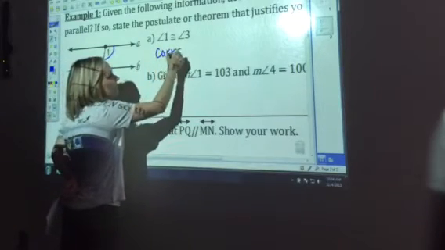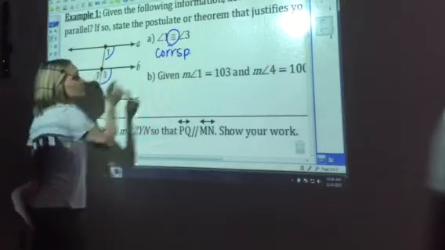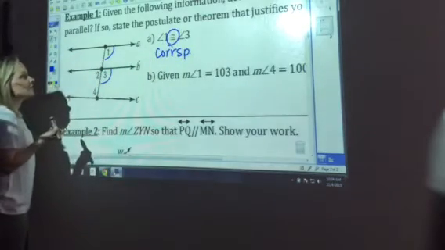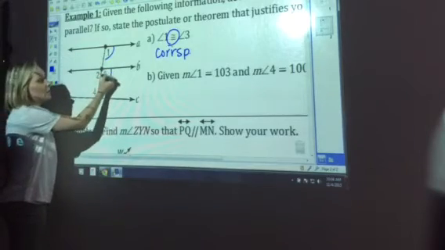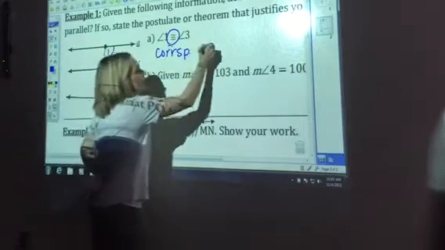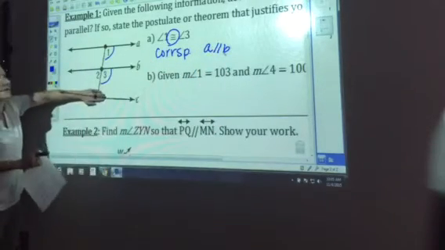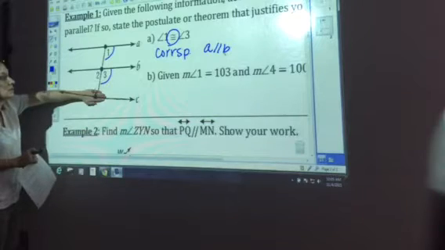They're in the same spot, okay? And since they are corresponding, and they're telling you they're congruent, then guess what? Those two lines that contain 1 and 3 are parallel, okay? This would act as your transversal. So A is going to be parallel to B. Notice how I didn't even look at C because it didn't contain either one of those.